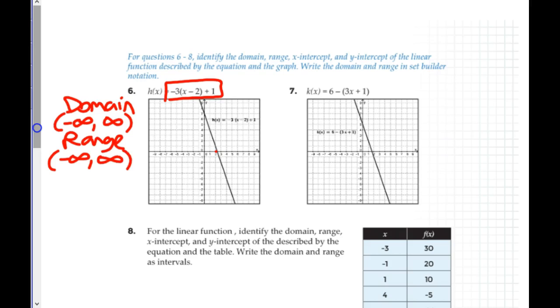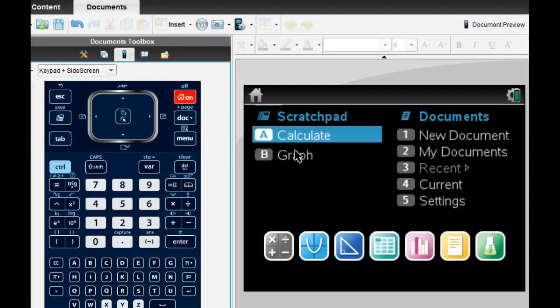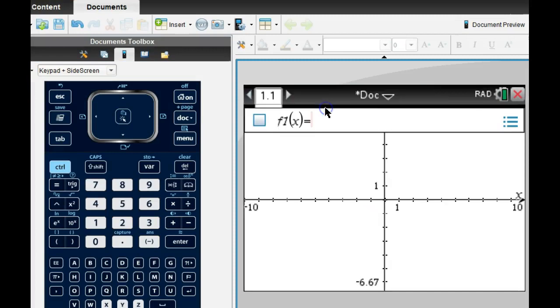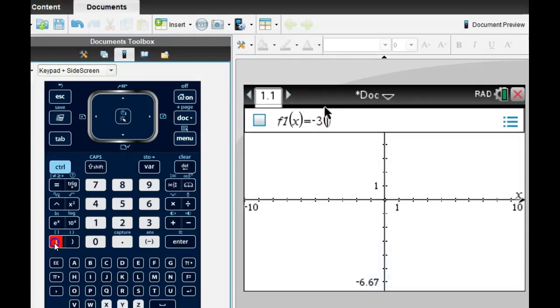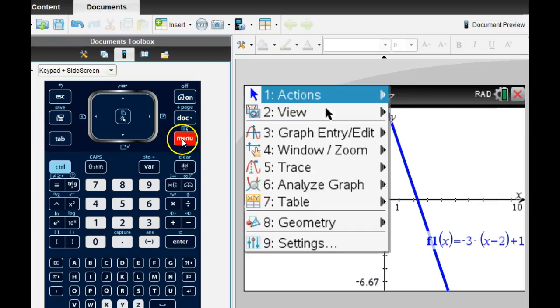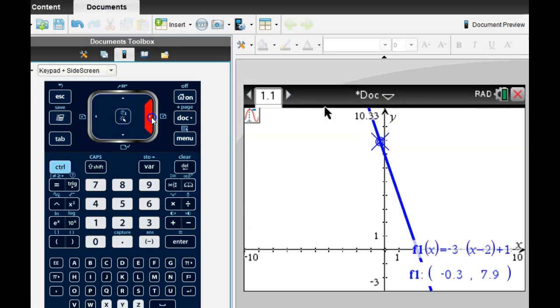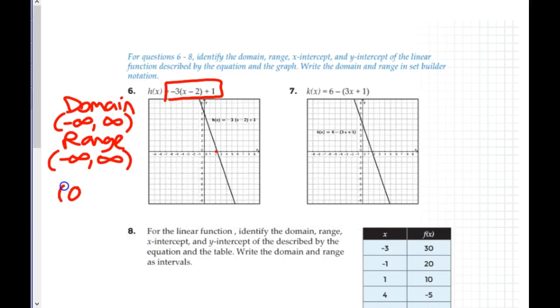To get the x and y intercepts, we want to graph this. So menu 5.1, 0.7, and 2.330. So I got my y-intercept and my x-intercept.